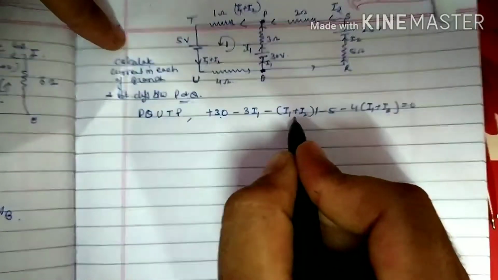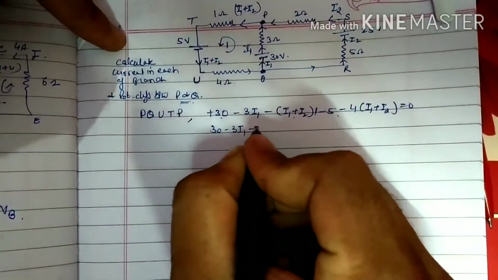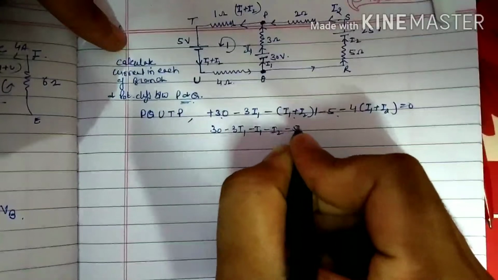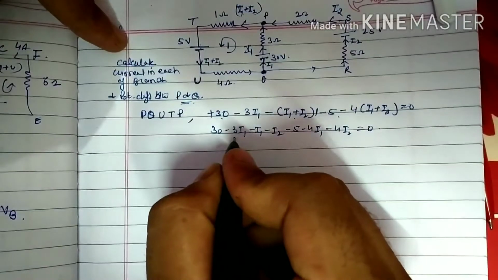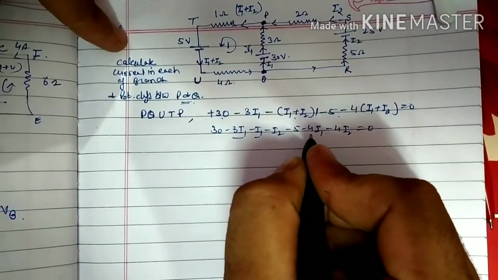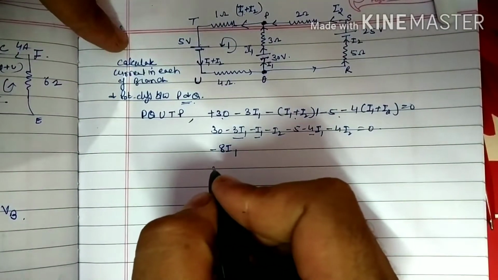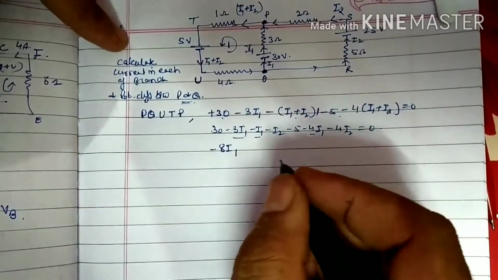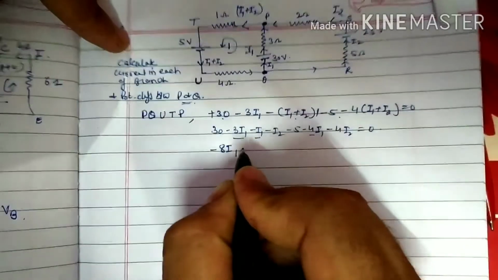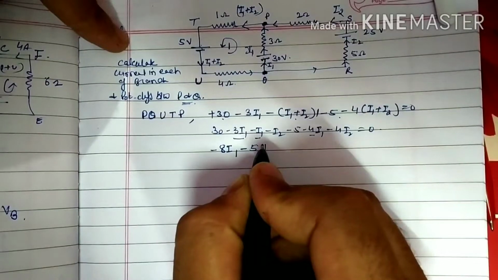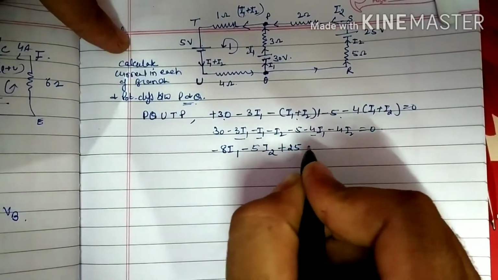देखो अब count कर लो कितने elements थे, 1 2 3 4 5, कितनी terms हैं, 1 2 3 4 5। अब इसको simplify करते हैं, देखो 30 minus 3I1 minus I1 minus I2 minus 5 minus 4I1 minus 4I2 is equal to 0. So minus 3I1, then 4I1, then 8, we get minus 8I1, then minus I2, minus 4I2 is minus 5I2, then plus 25 is equal to 0.